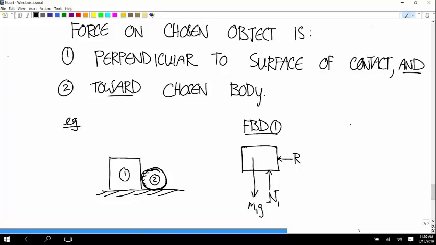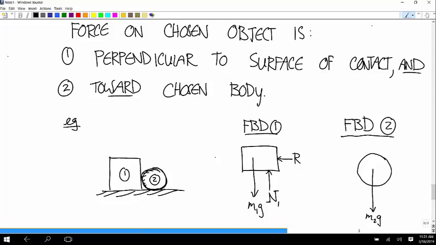And now let me draw the free body diagram of the ball too. So there's a weight force, the mass of the ball times G. The ground and the ball are pushing on each other.